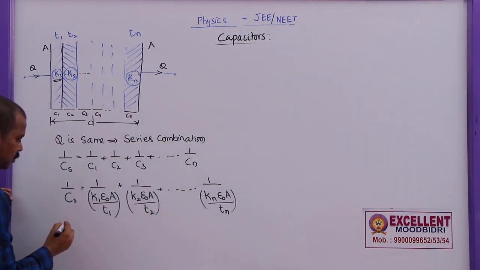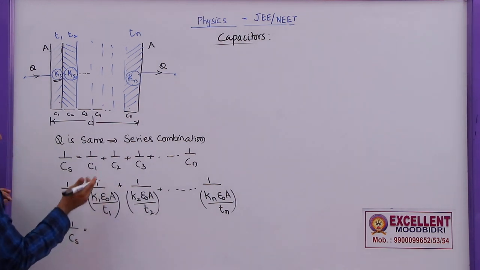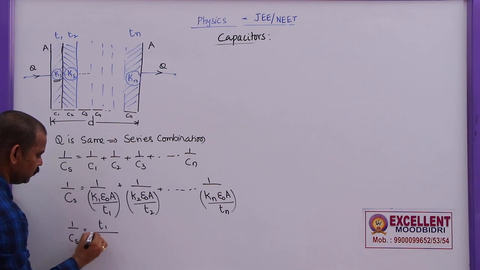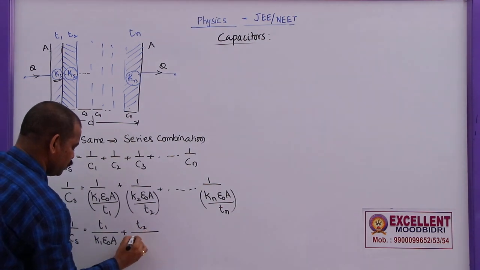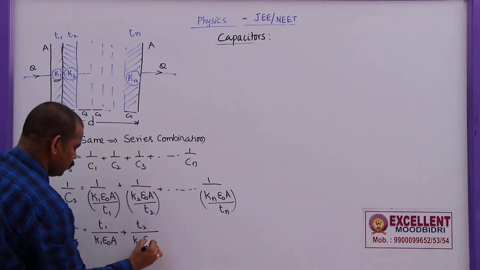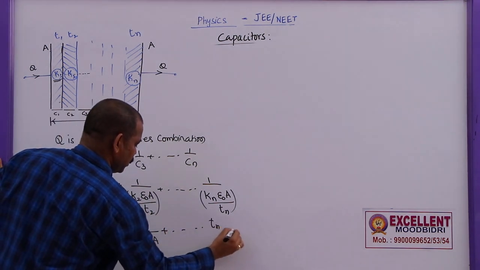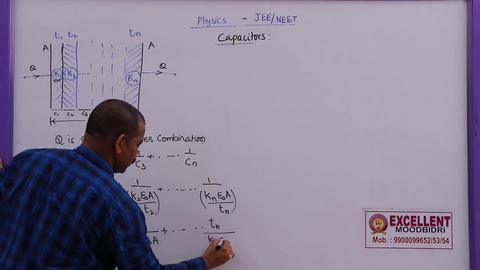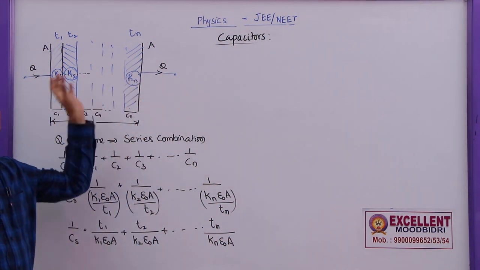You can write this as 1 by Cs is equal to T1 by K1 epsilon naught A plus T2 by K2 epsilon naught A and so on, Tn by Kn epsilon naught A.